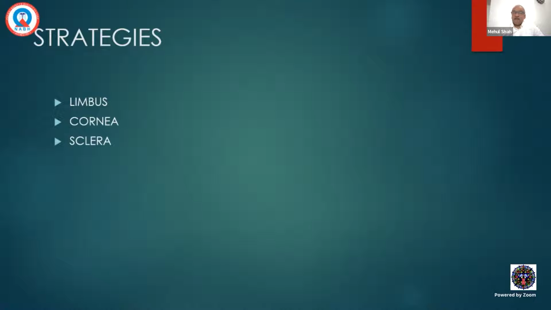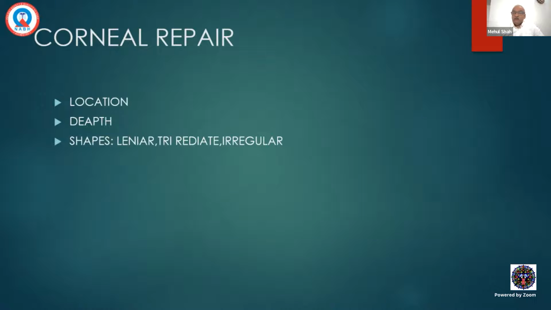So when we look at the trauma, we have to start working from the limbus, cornea, or sclera. When we start the corneal repair, it is important to decide the location, depth, and shape. Either it can be linear, or triradiate, or irregular.